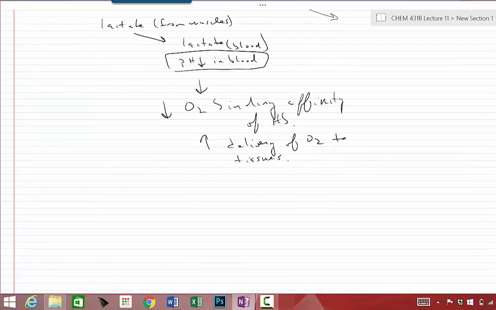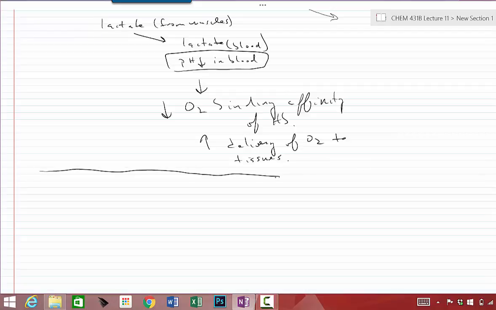Okay. I'm going to switch now to an important phenomenon, which we find in yeast. Other organisms have a slightly different way of recreating the NADH to be used for glycolysis.